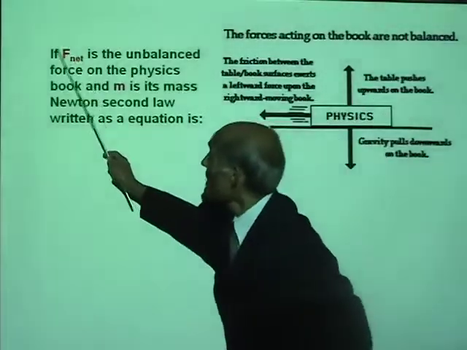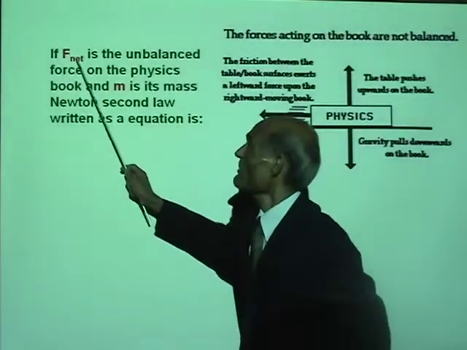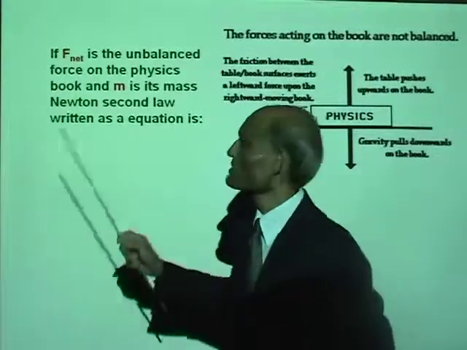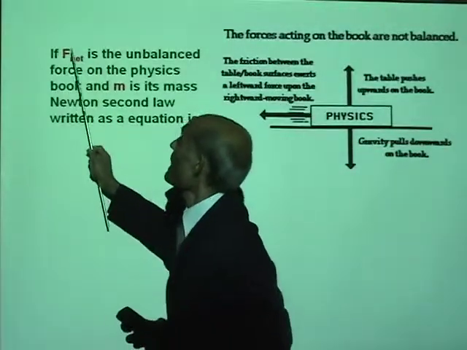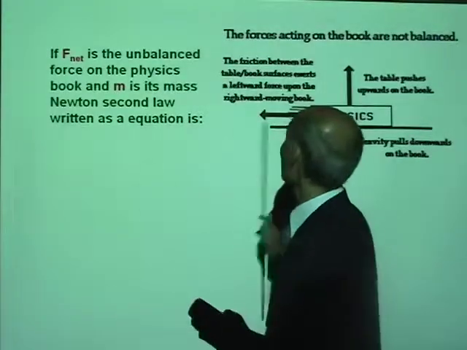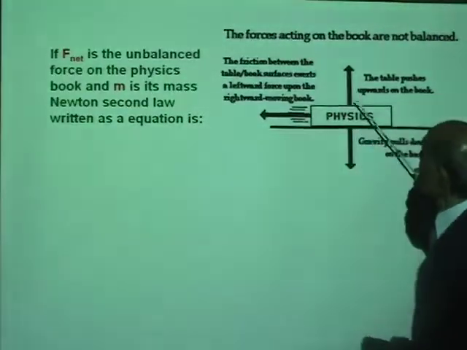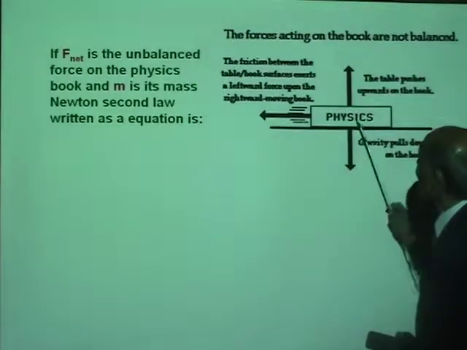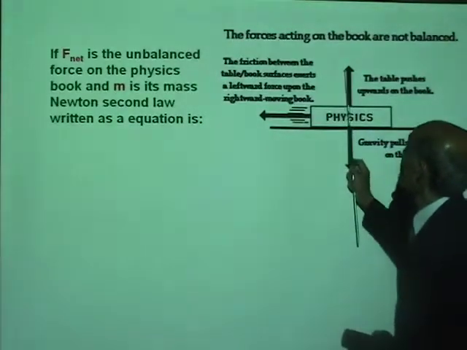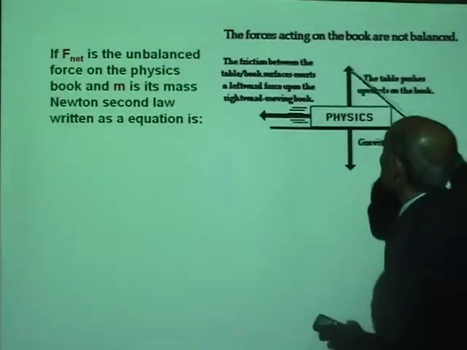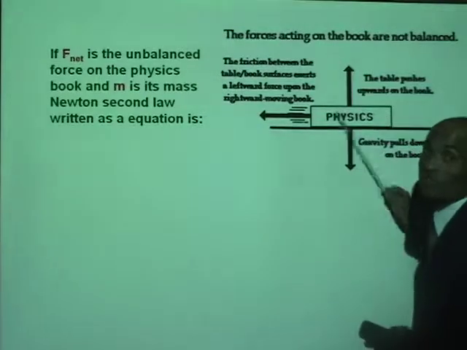Now, F net means the net force or unbalanced force. This is a way of writing it. F net is the unbalanced force on the physics book. You can see the force of gravity on the book is balanced by the force applied by the table. So there is no unbalanced force in the vertical direction.